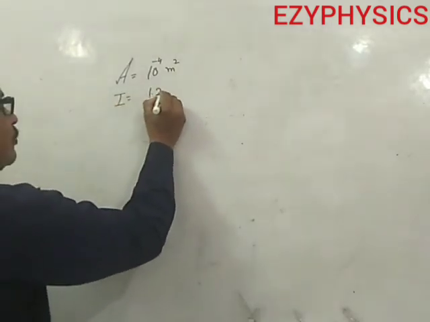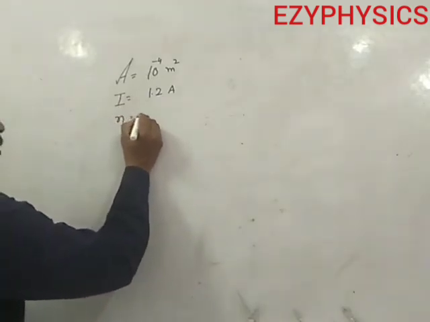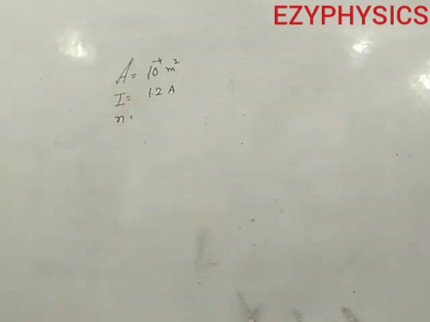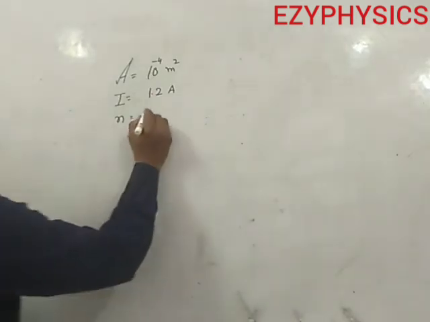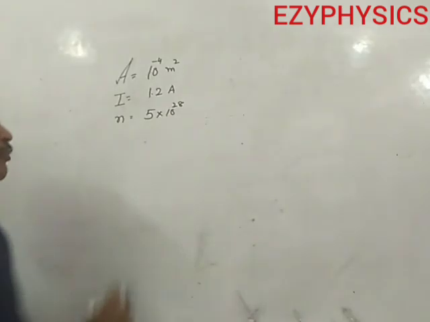So I is equal to 1.2 amperes. If the number of free electrons, that means N is given to you, 5 into 10 raised to the power 28 electrons are there.